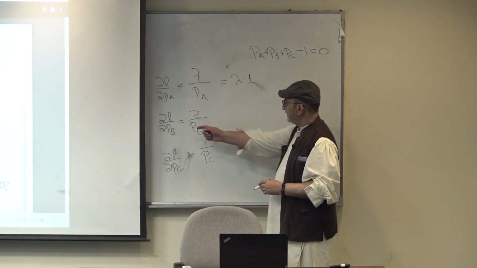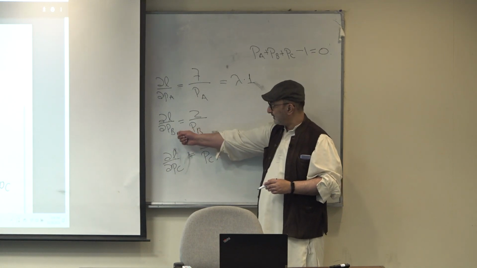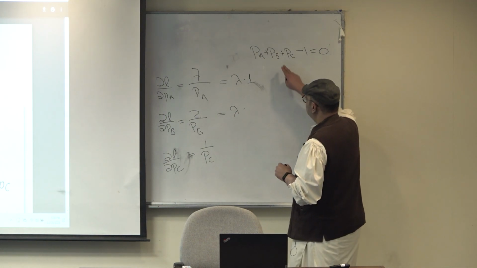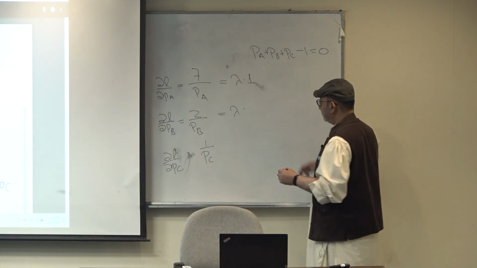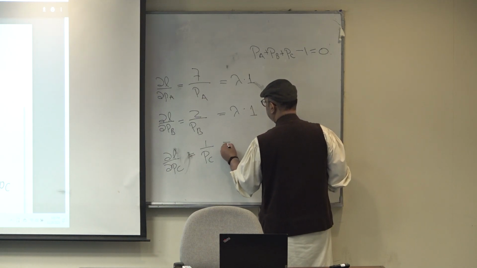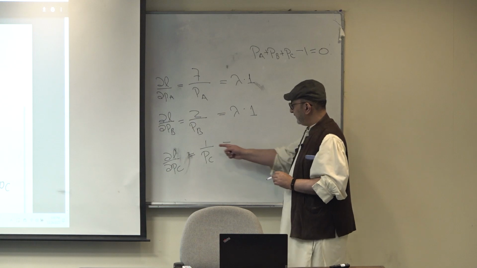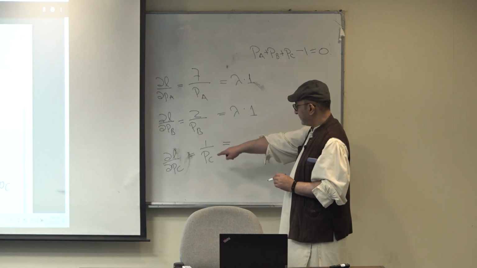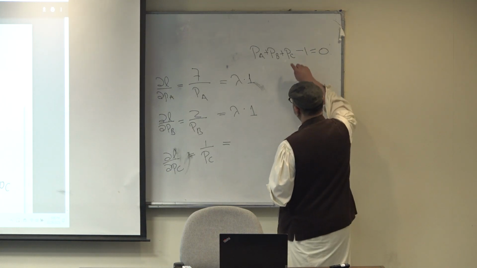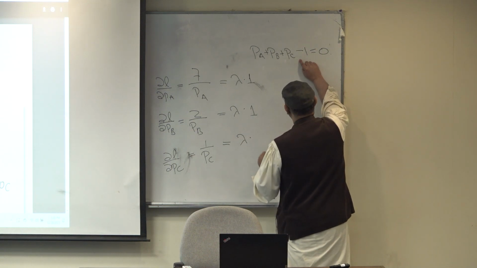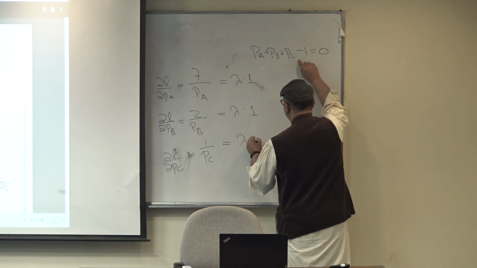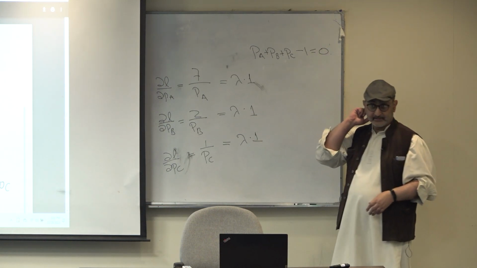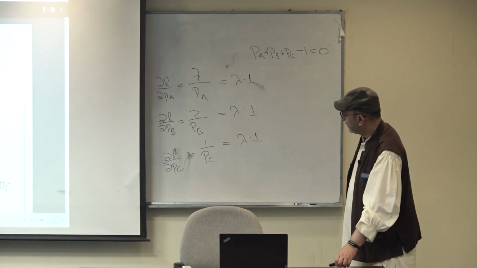So the derivative of the function we're trying to optimize with respect to p sub b is equal to lambda times the derivative of the constraint with respect to p sub b. And with respect to p sub c, that's equal to lambda times the derivative of the constraint with respect to p sub c. Okay? So that's how you set up your problem using Lagrange multipliers.